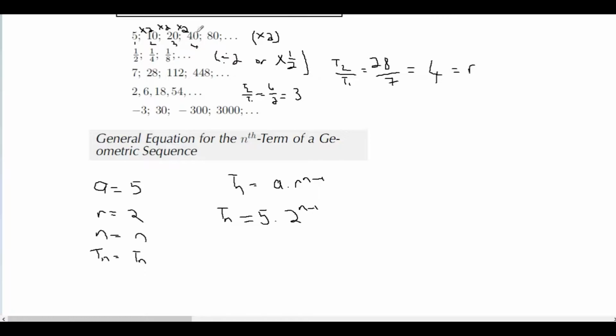Let's check out the fourth term. t of 4 is equal to 5 multiplied by 2 to the 4 minus 1. 4 minus 1 is 3, so this gives us 5 times 2 to the 3. 2 to the 3 is 8, so it's 5 times 8, and if you check on your calculator, is 40, which is exactly what we have.